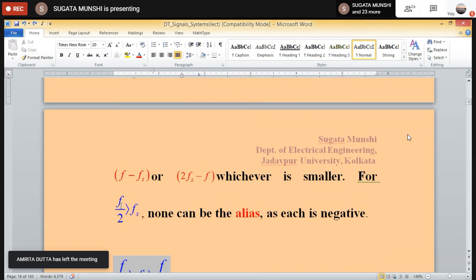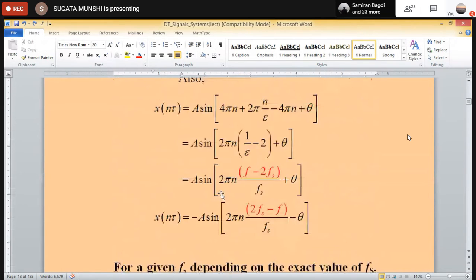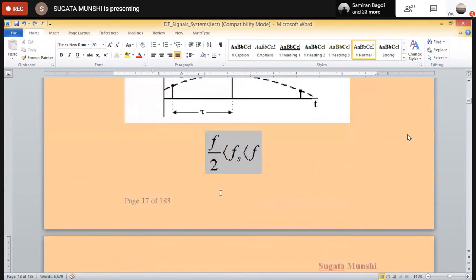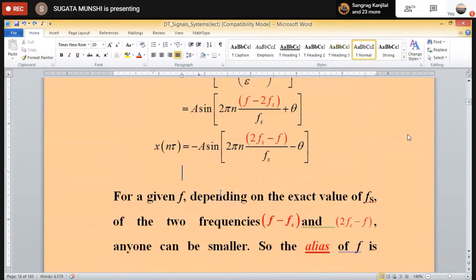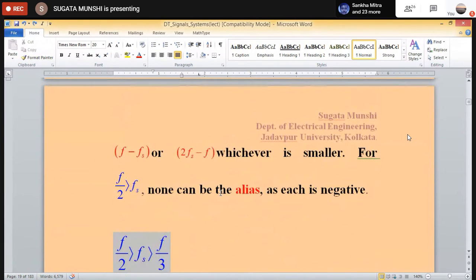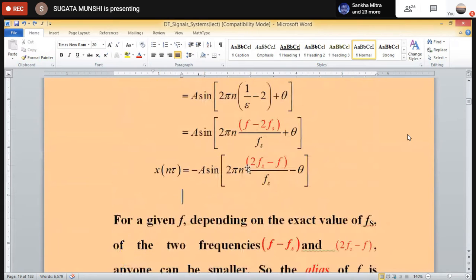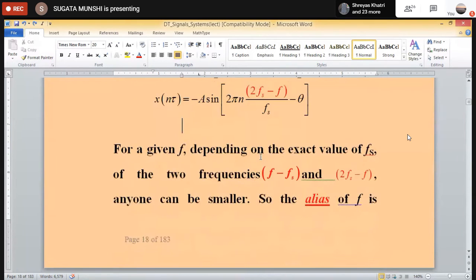For Fs less than F/2, just one minute, what I have written. If Fs is less than F/2, then using these expressions, you will find that the frequency information that you will get will turn out to be negative.